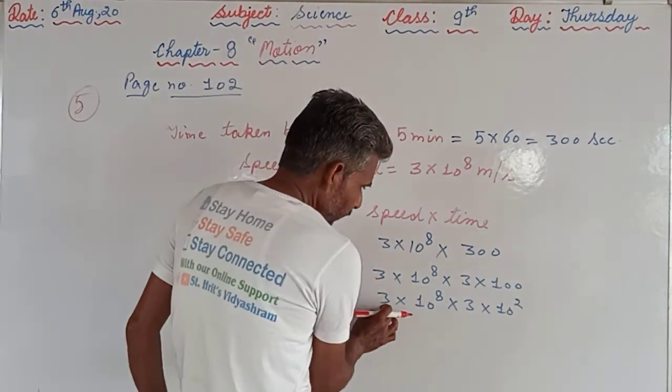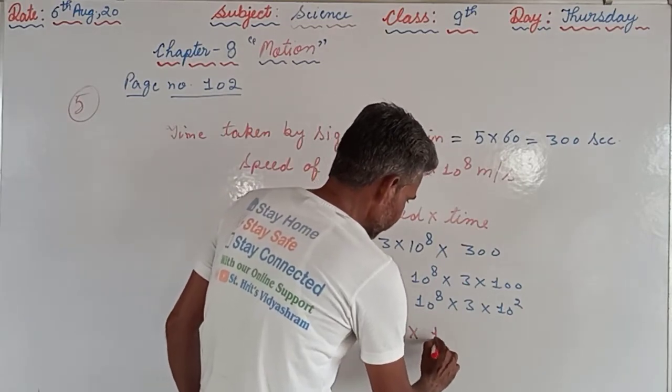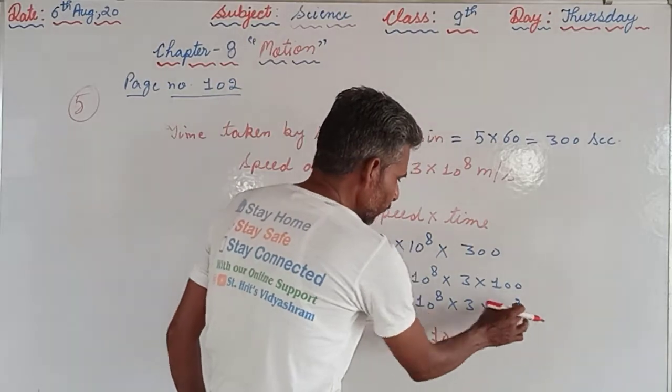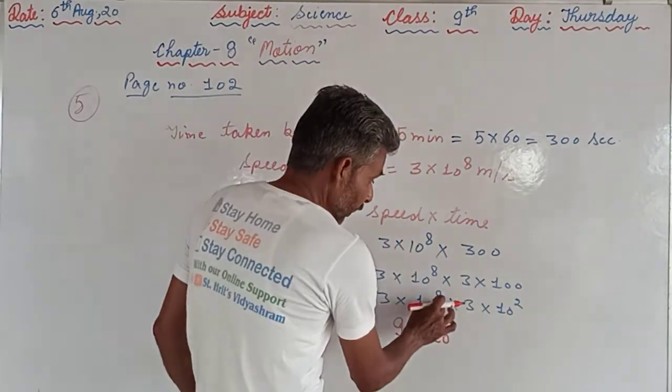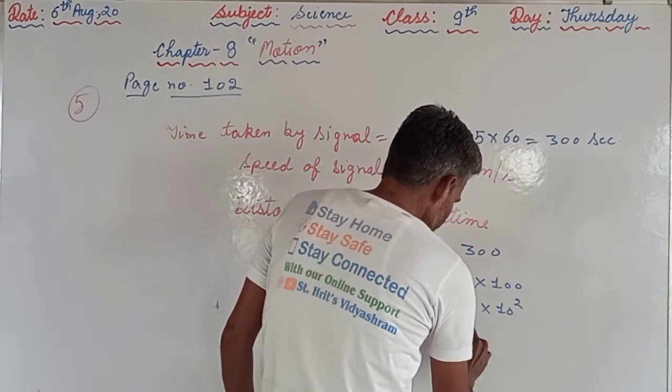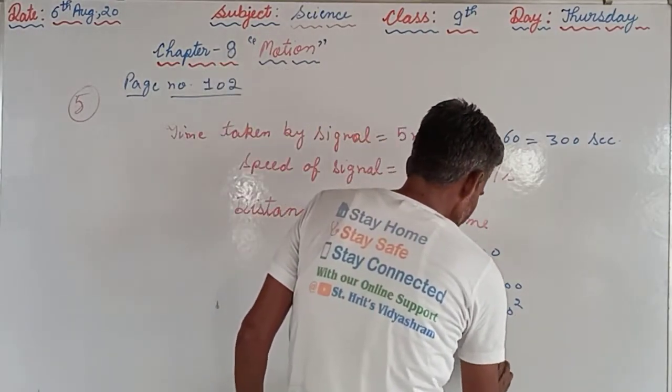So first, 3 into 3 is 9, and the base is 10, and the powers we add. So 8 plus 2 will be 10, and the distance will be in meters only.